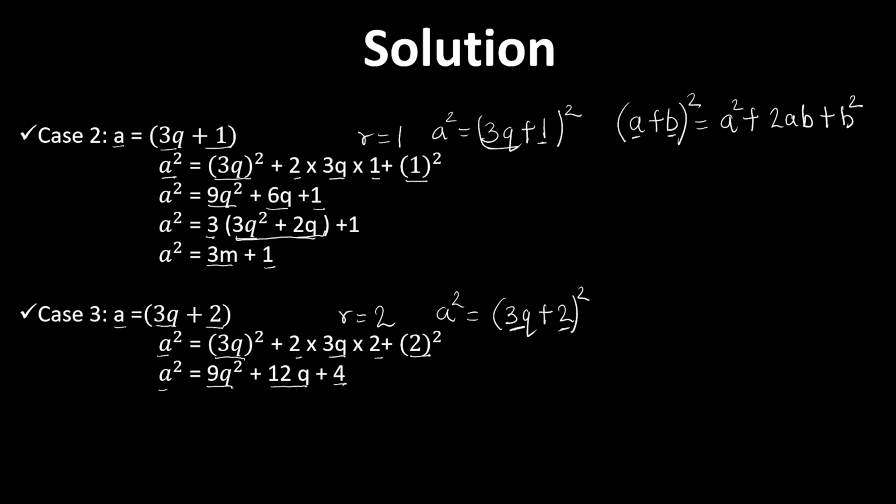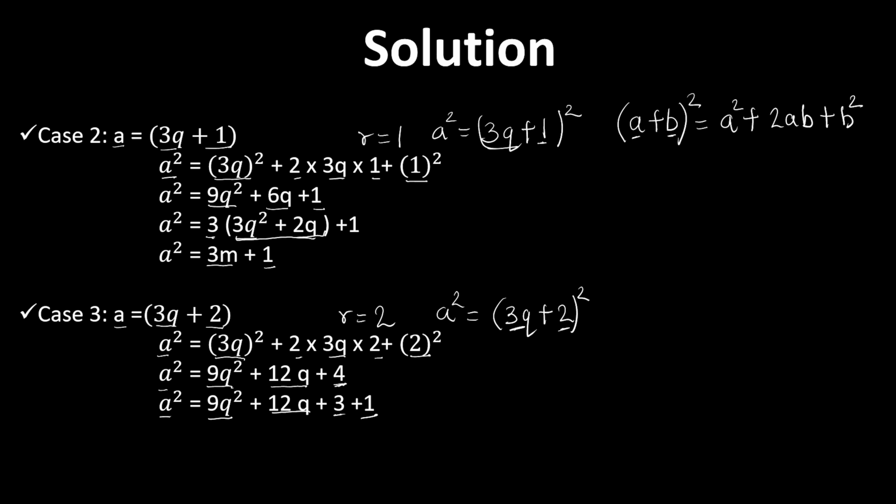Now, is it easy to take 3 common? We can't take 3 common from 4, right? So what will we do? We'll split 4 as 3 plus 1. So finally, we write a square equals 9q square plus 12q, and this 4 we split as 3 plus 1. Now, from the first 3 terms, 9q square plus 12q plus 3, we can take 3 common.